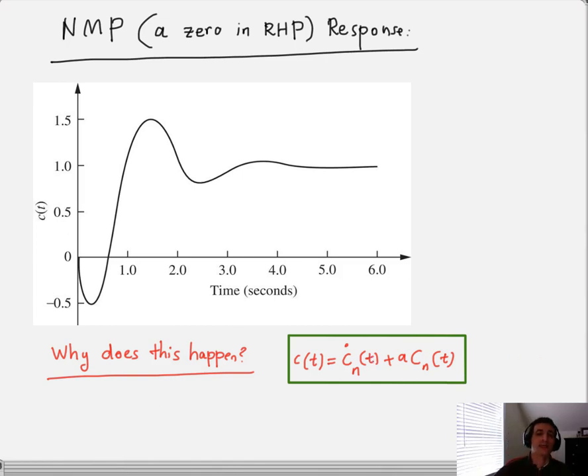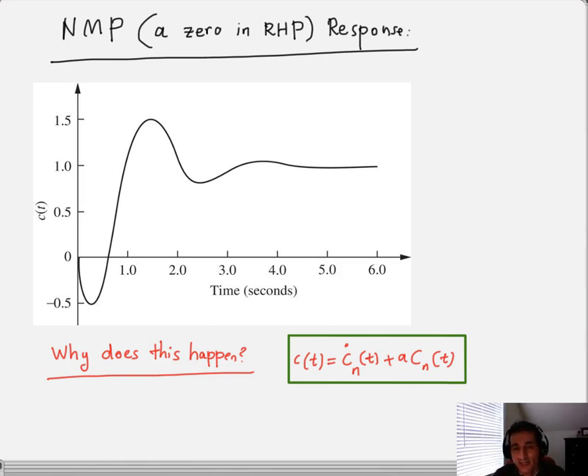It turns out that in the very first few milliseconds, or first few seconds, depending on how fast your system dynamics is, the term ACn is going to be much more dominant compared to Cn dot. Meaning the value of the derivative at the very beginning is not as significant as the value of ACn.